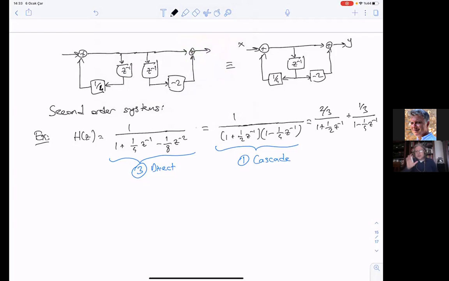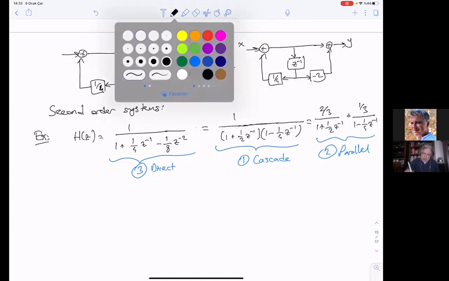So it's a summation of two first order systems, and it's the second realization type, the parallel realization. So what are the cascade, parallel, and direct realizations in block diagrams? Let us draw them.